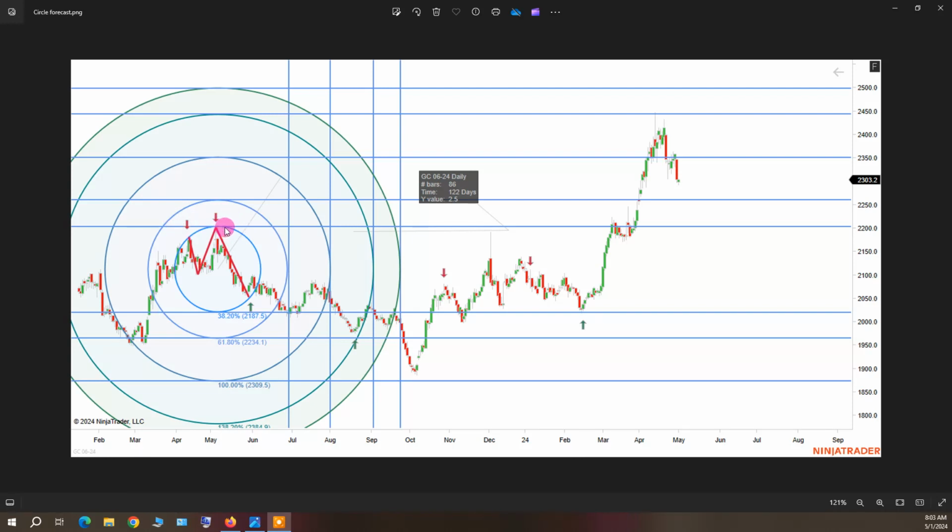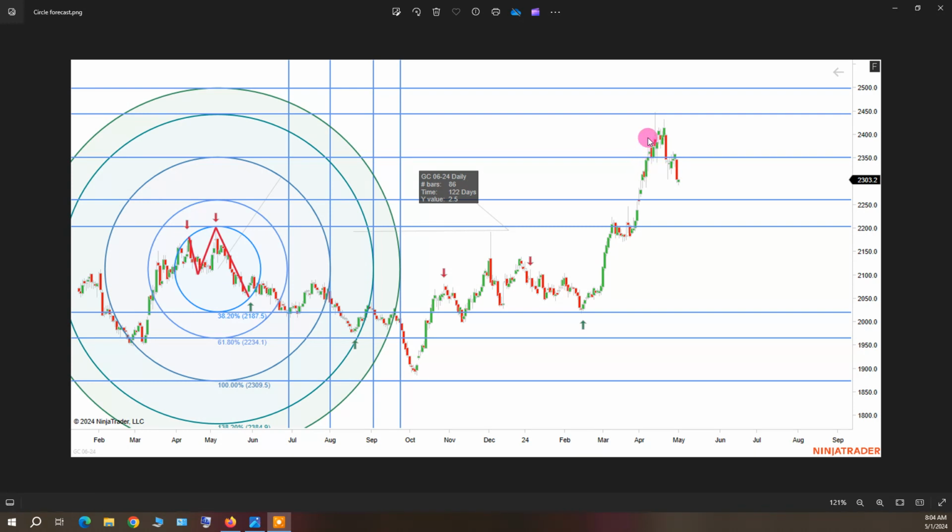So looking at the upper side first, this is really just a projection of this high forward. You can see it was a high again here and here. The next one up, it actually kind of gapped through. Next one up was a support and resistance area.